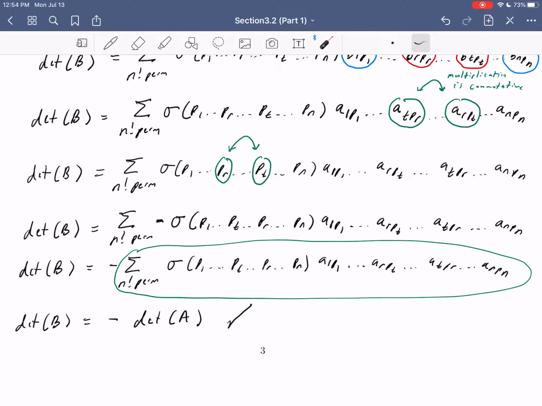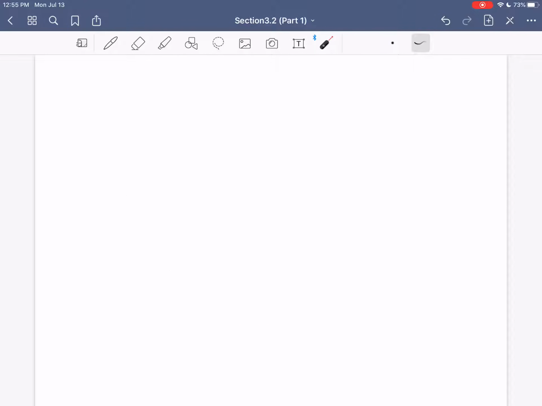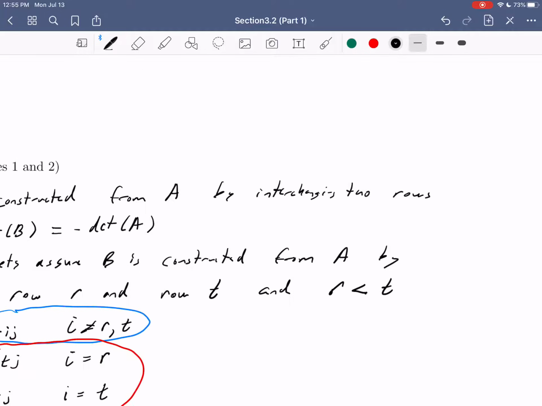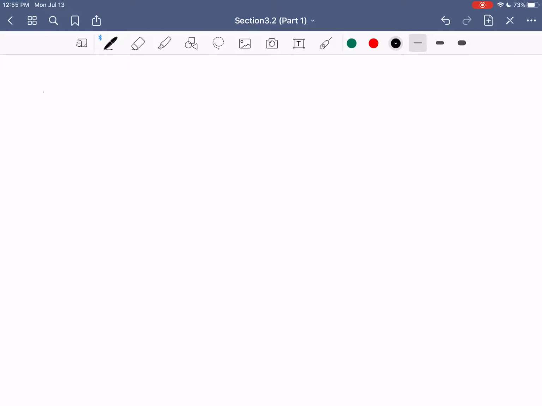Okay, let's go ahead and do a similar proof for part 2. So property 2. This was the proof of property 1, and here's property 2. B is constructed from A by multiplying a row by a non-zero scalar k.